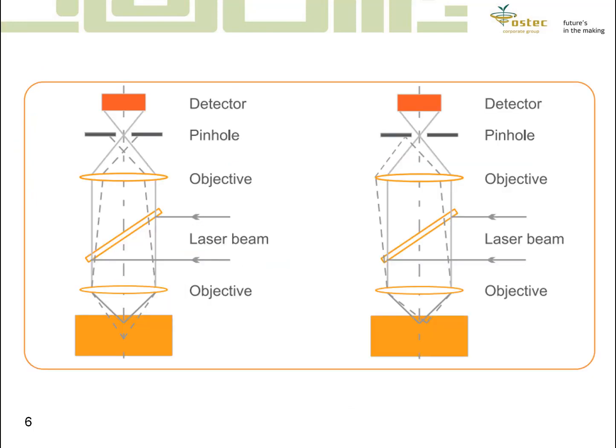So what about microscopy? The confocal configuration scheme allows us to get X, Y and Z spatial resolution defined by the diffraction limit. You can see the laser beam comes from the right-hand side and is focused on the surface by the objective.